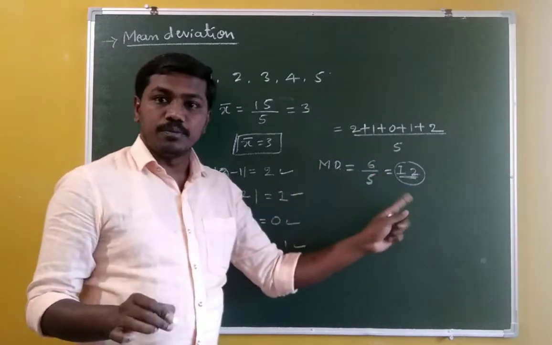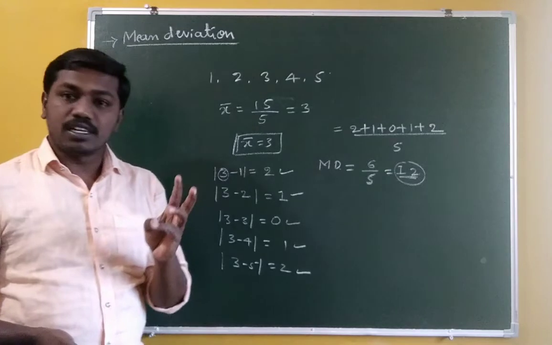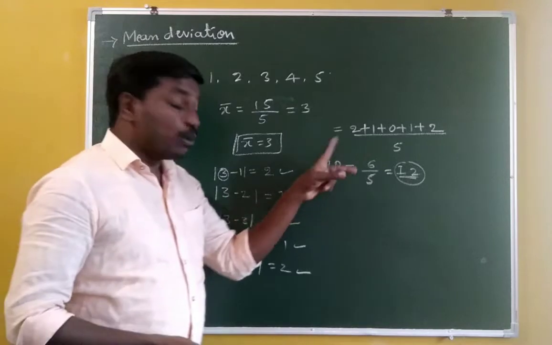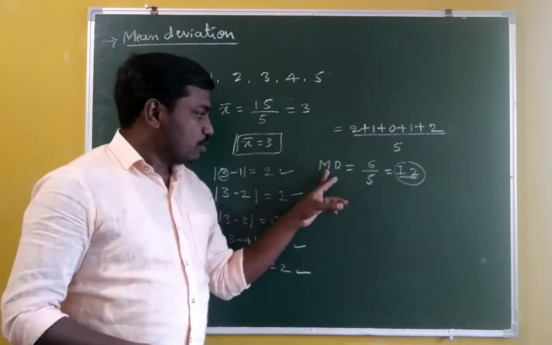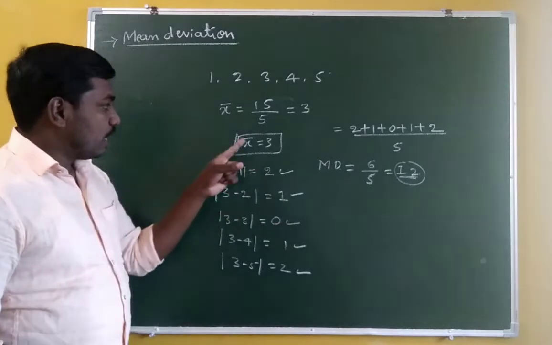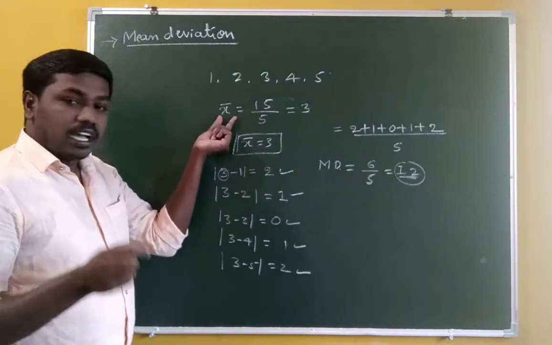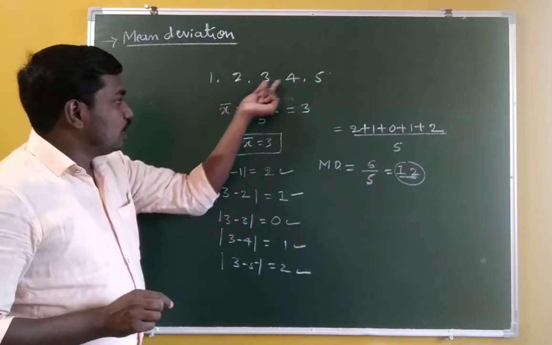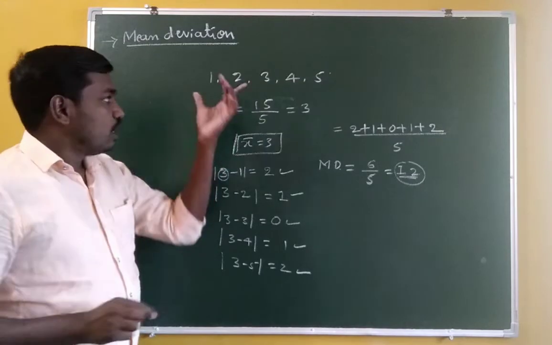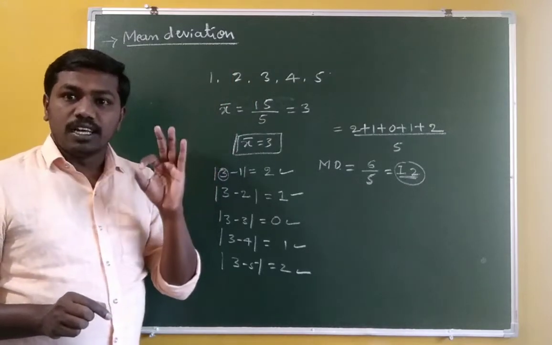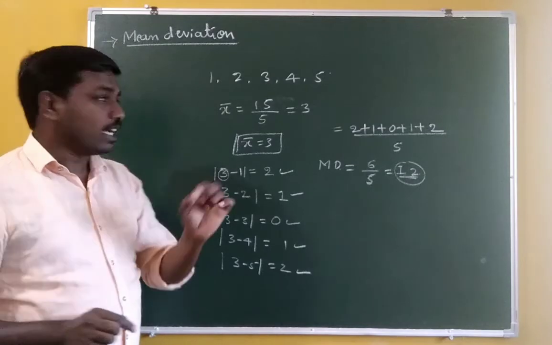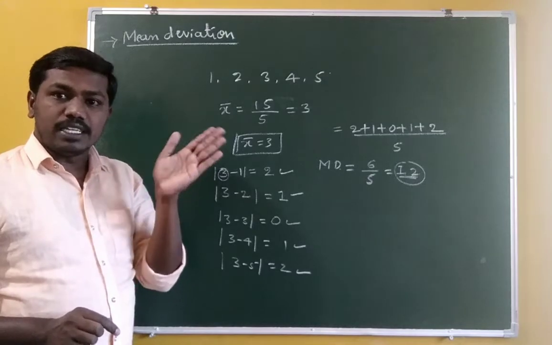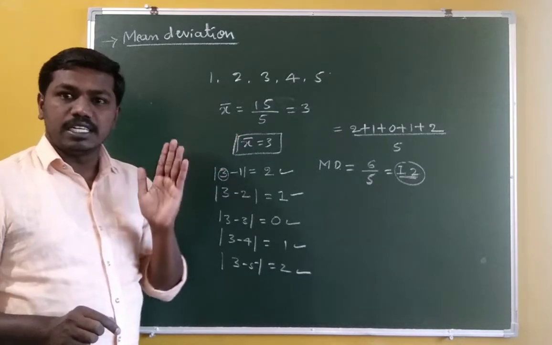Mean deviation about the mean. Another measure of central tendency is the median. So we can also calculate the mean deviation about the median. For that, as the measure of central tendency, what do we have to do? We have to calculate the median. So 1, 2, 3, 4, 5 are the 5 observations. The number of observations is how much? 5. So the central-most value is the median after arranging the given data in ascending or descending order.